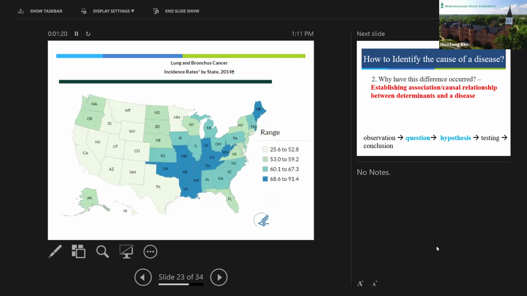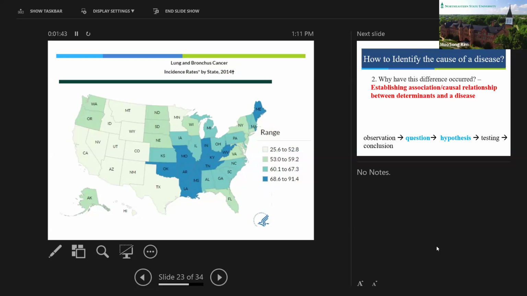If you see these patterns, you can make some questions. Why do these areas have a higher lung cancer rate? You can make a question like this, right? Can you answer, or make some association?